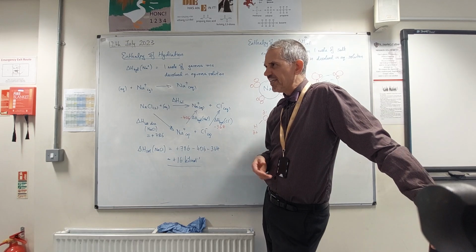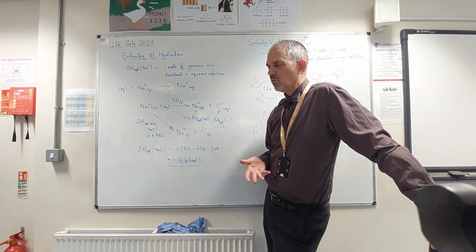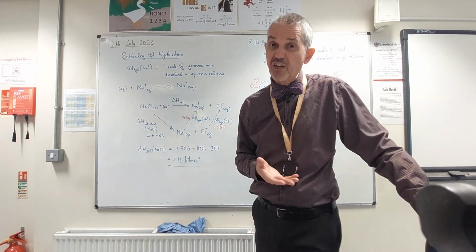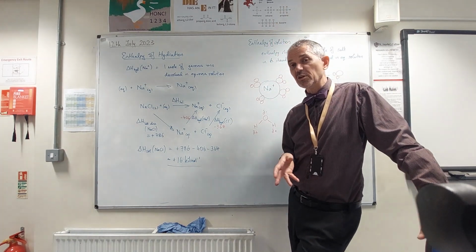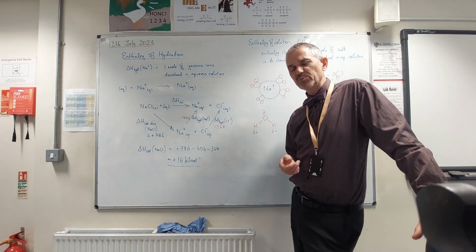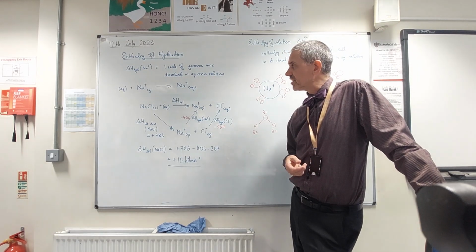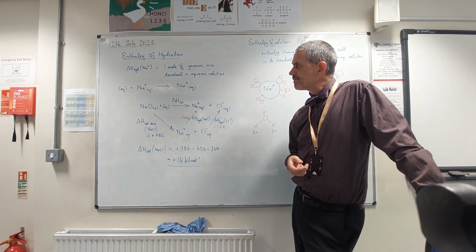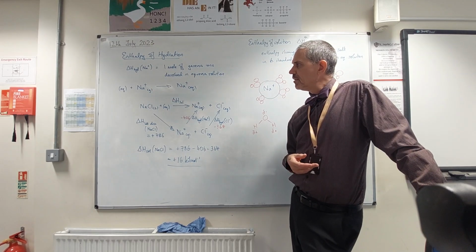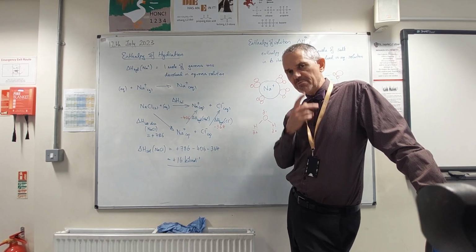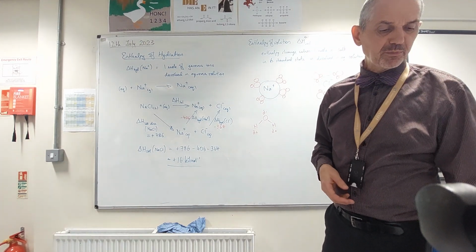We have to put energy in. Why does it happen? It's interesting to note sodium chloride is not super soluble. You can only dissolve about a teaspoon of sodium chloride in a glass of water. So it's not super soluble, but why does it happen at all? We'll come back to that question in the next part of the topic.